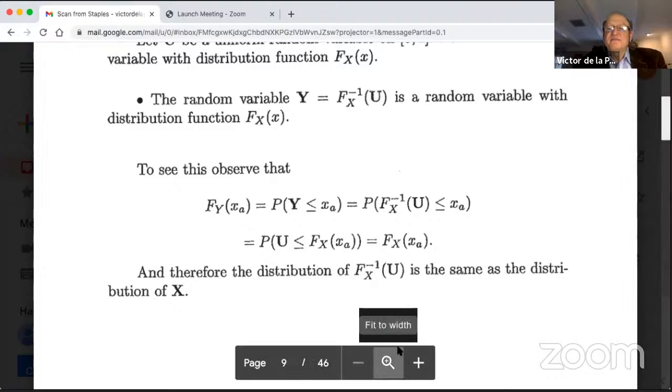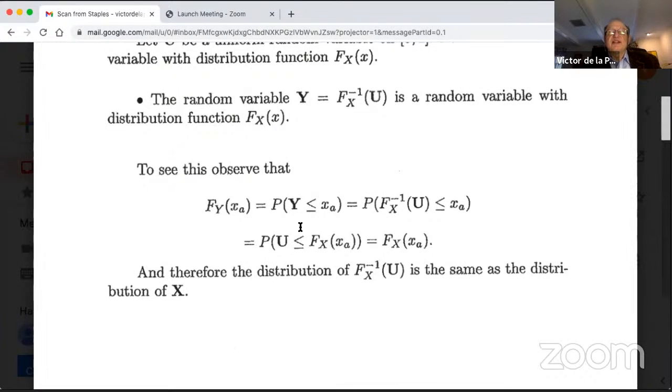Okay. So the probability that y is less than or equal to x alpha is the probability that F x inverse of u is less than or equal to x sub alpha. And then we use the fact that the function is continuous and increasing. You take the inverse function, so that's the probability that the uniform is less than F x of alpha, which is equal to F x of alpha.